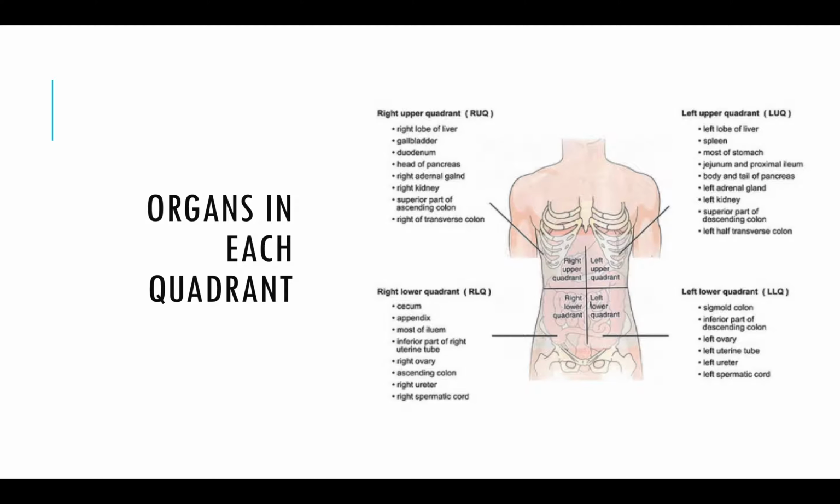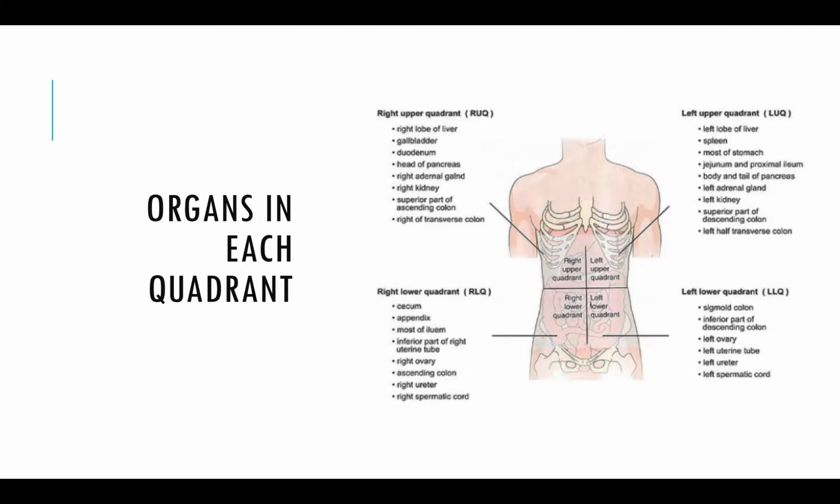Now, organs in each quadrant. Obviously there are lots of organs in the abdomen, and lots of them overlap, but knowing in general where your organs sit helps you determine the possible causes of pain in that area. Looking at our right upper quadrant first, we've got the liver, and particularly the right lobe of the liver, which is quite extensive, so it takes up a lot of that area.